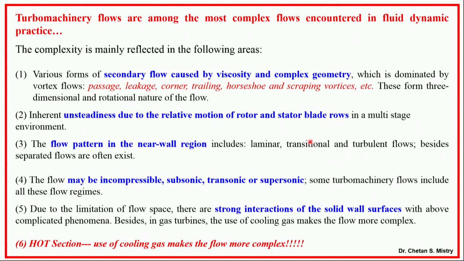What is your preference? You want your flow to be turbulent. Okay. Now, your flow may be incompressible, subsonic, transonic, or supersonic. Then you will have strong interaction with the solid body.